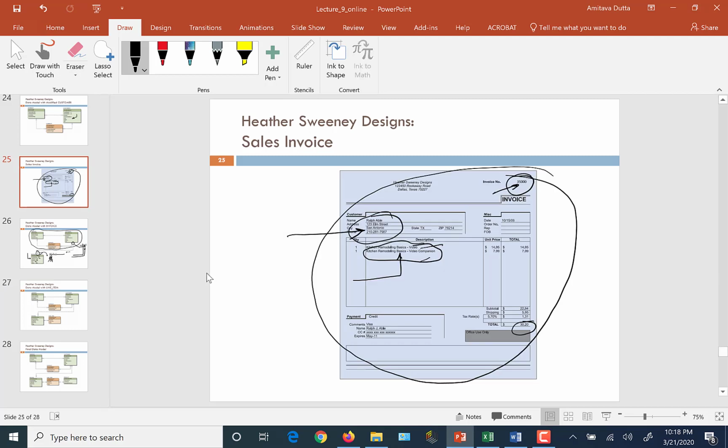do you see that there are two separate items in the line items in the invoice? The first line item is a remodeling basics video, and the second line item is a remodeling basics video companion. If the customer had bought a book, that would be a third line item. There would be a book, and there would be a charge for the book.